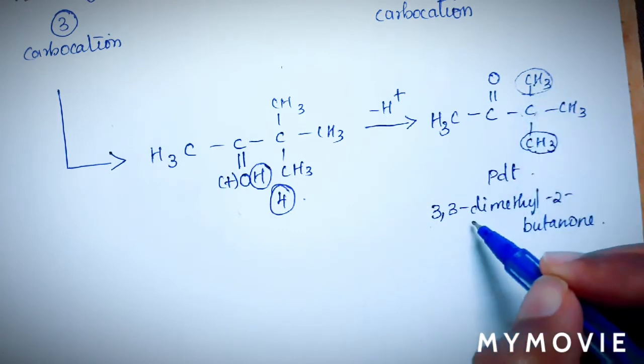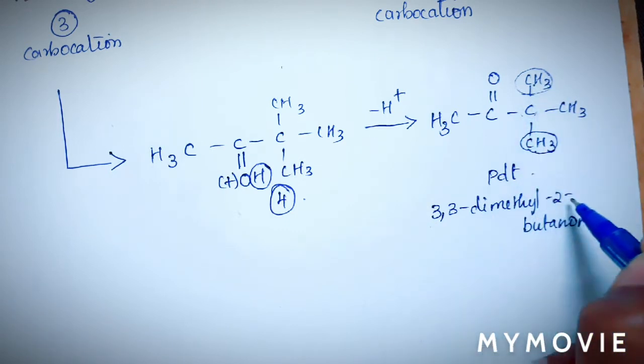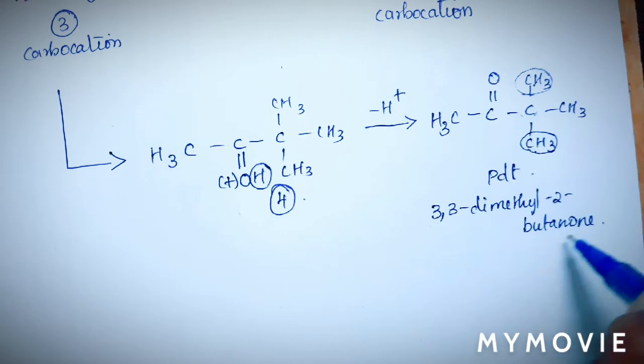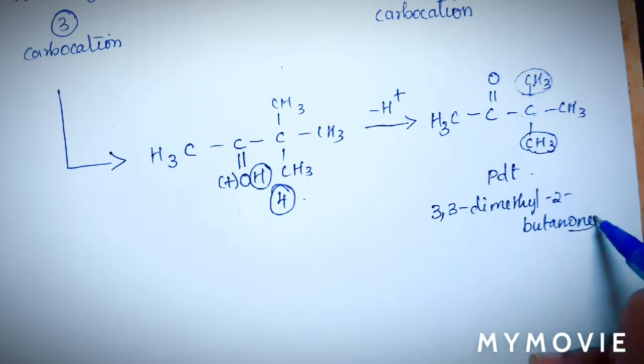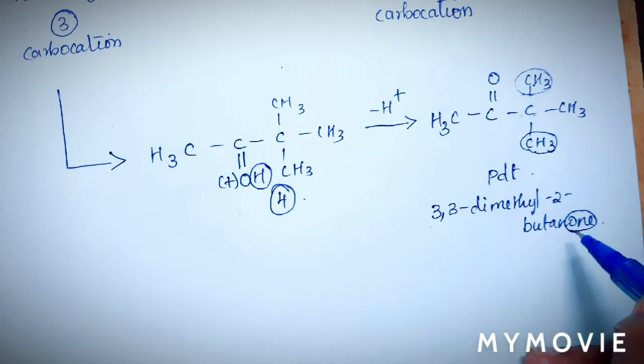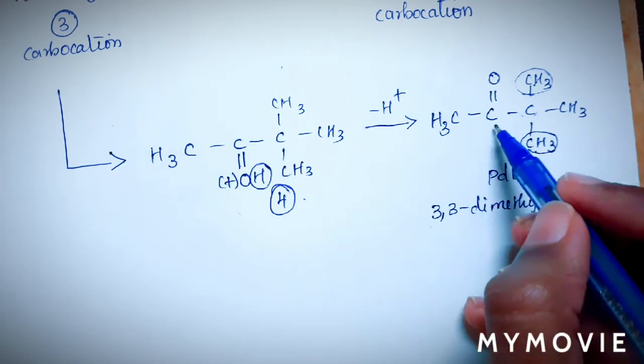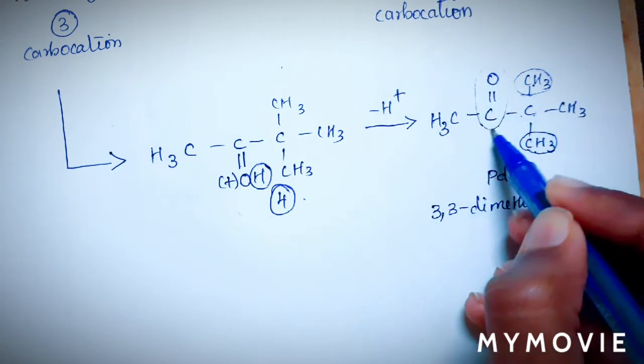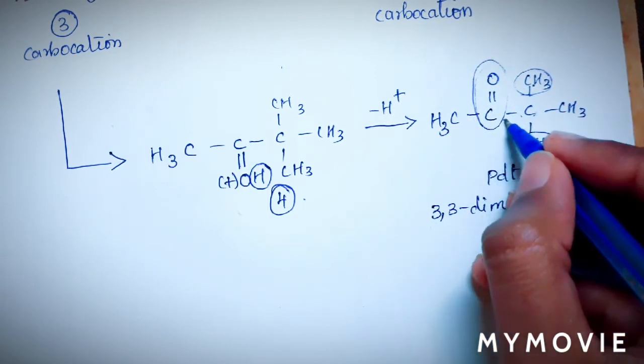2 methyl is represented as dimethyl, and 2-butanone because one is written when you have a ketone. When you have a ketonic group present in the molecule, you give a suffix ONE. Here you have the ketone in the second position. This carbon is the second carbon, right?